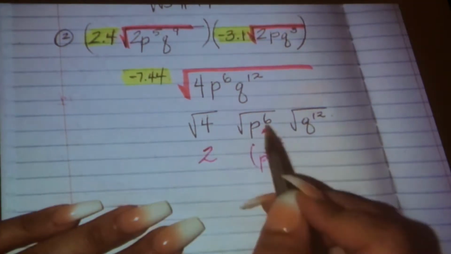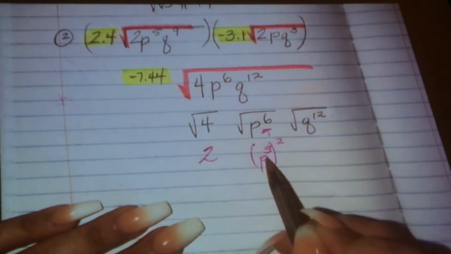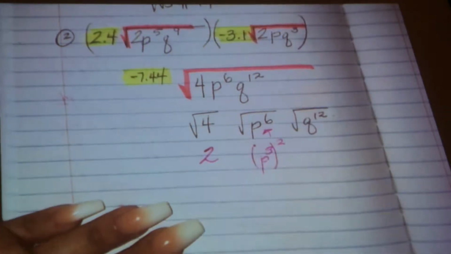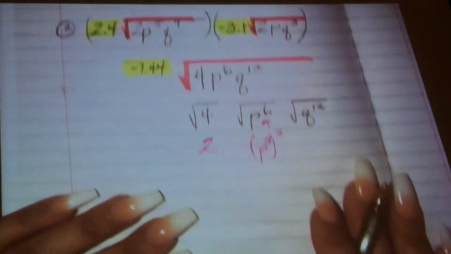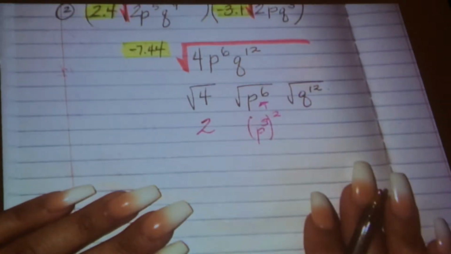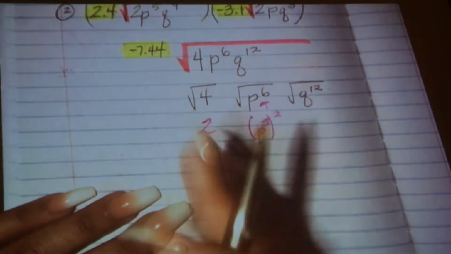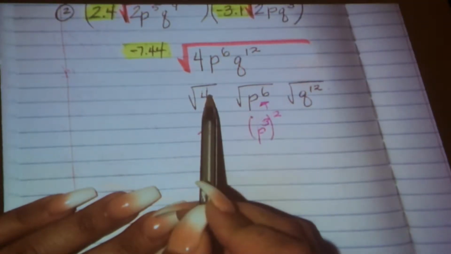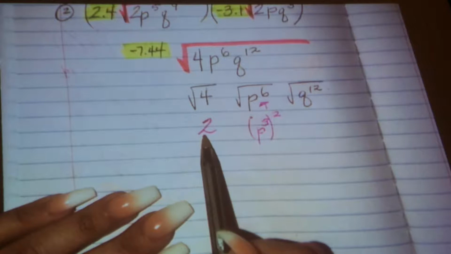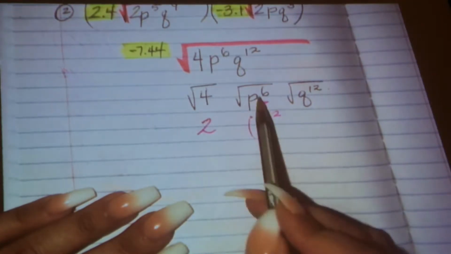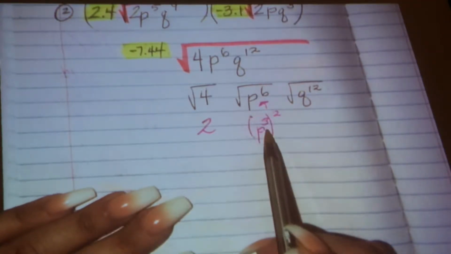So what's the square root of p to the 6th? P cubed. Everybody see that? What's p cubed times p cubed? P to the 6th. What's 2 times 2? 4. So the square root of 4 is 2. The square root of p to the 6th is p cubed. Yes or no?